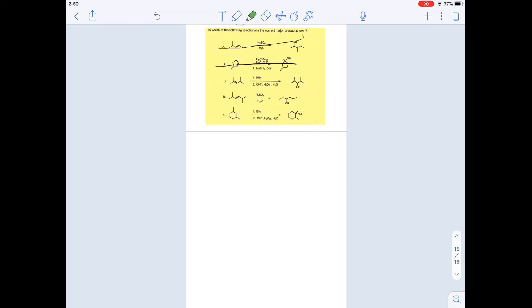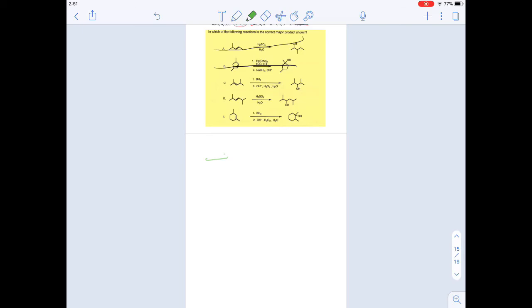Moving on to C. So BH3 over OH, H2O2, and H2O is the anti-Markovnikov product with no rearrangements. So BH3, OH, H2O, and H2O2 is the anti-Markovnikov addition of OH.